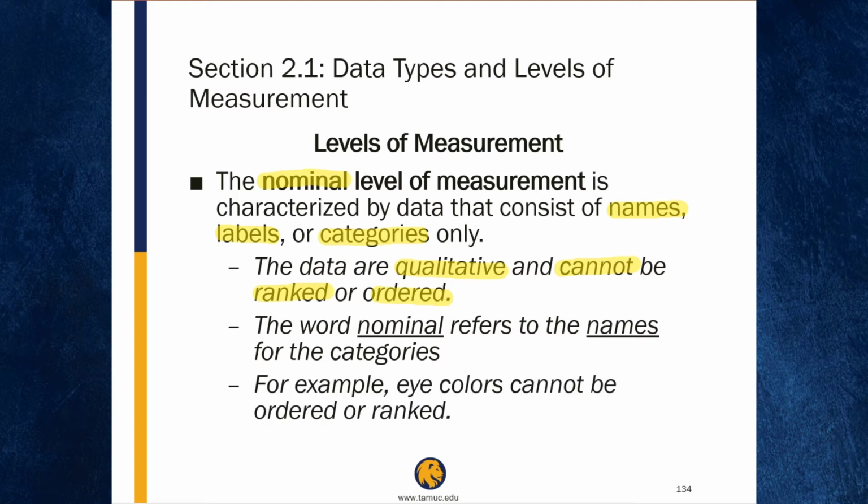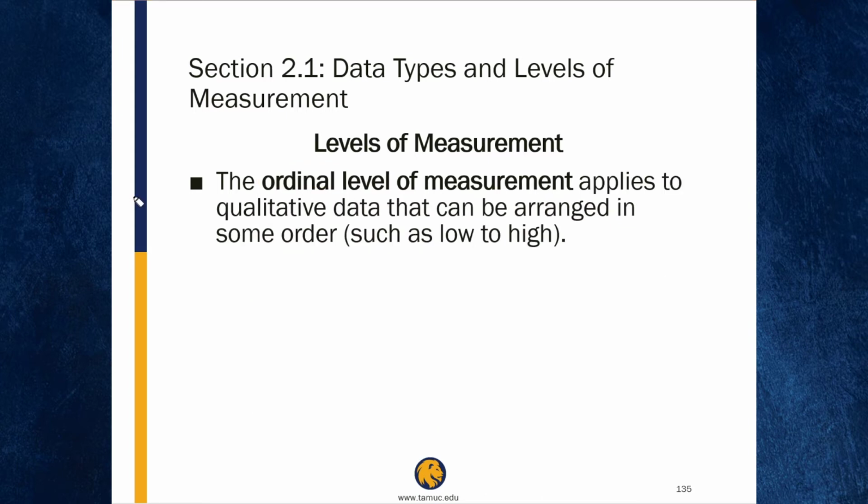So an example of this would be eye colors. Eye colors like blue, hazel, brown, things like that, there's no ranking or ordering to them, but they are the names that are being used to describe them. On the other hand, some types of qualitative data do have orderings to them, and we get what's called the ordinal level of measurement.